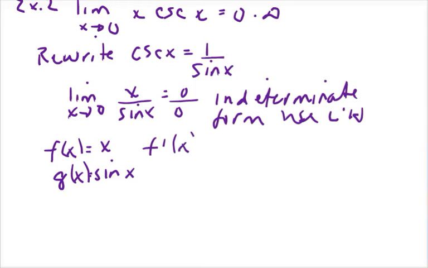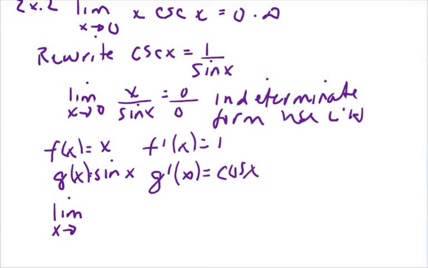Taking the derivatives and putting them back into the limit, I get 1 over cosine of x, which is 1 over 1.